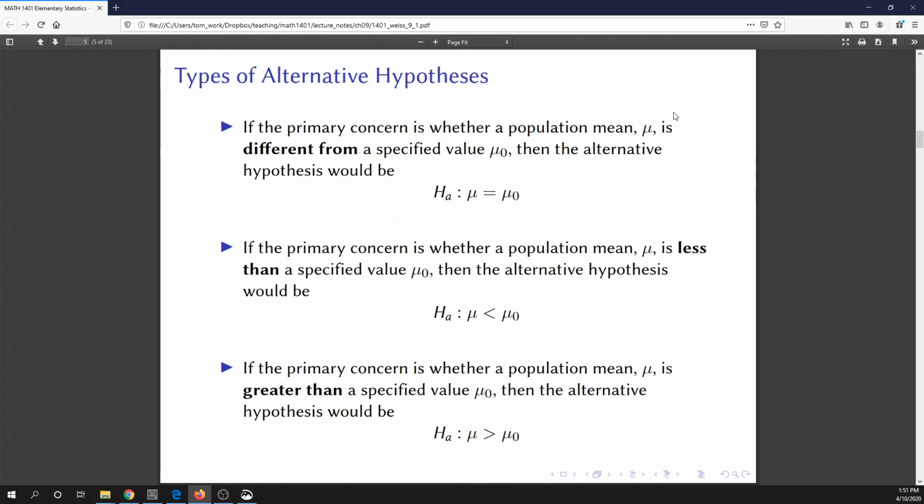There are three different types of alternative hypothesis. So in the problem, when they're talking about whatever research or experiment that they're doing, they may say that their primary concern is whether the population mean is different from or differs from a specified value. Again, another typo here, sorry about that.